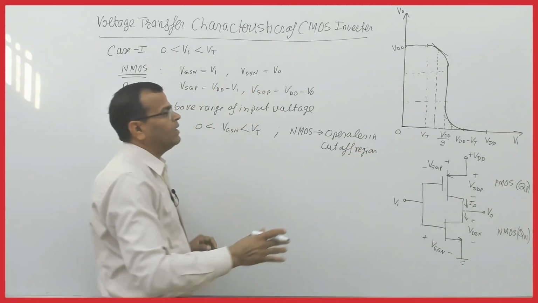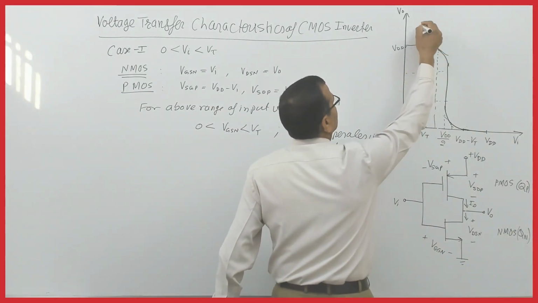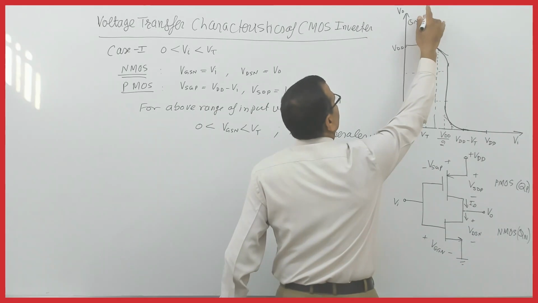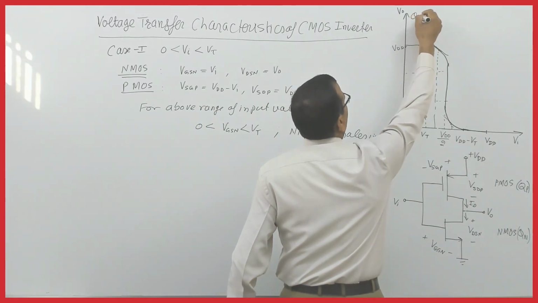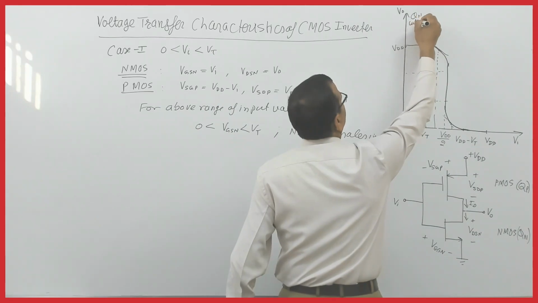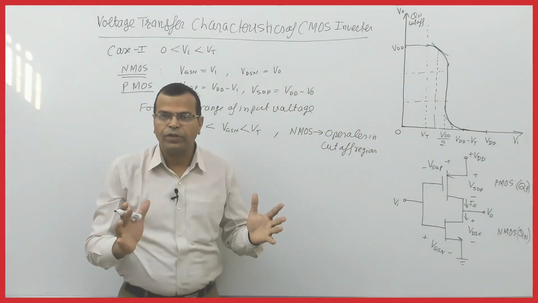So that means for this range of input, your NMOS, or we can say QN, is in cutoff. QN must be in the cutoff region, right? That's what you have.